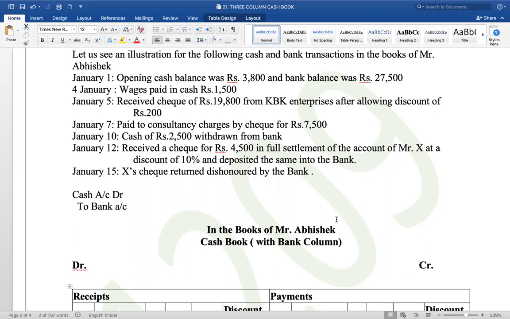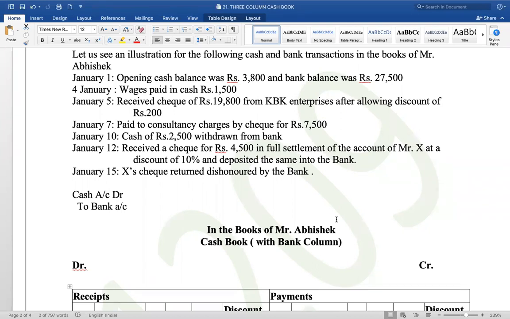Received a check of 4,500 in full settlement of Mr. X at a discount of 10%. That means this 4,500 is after providing the discount of 10%.